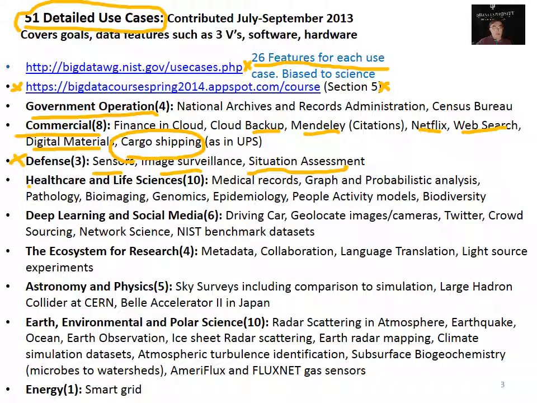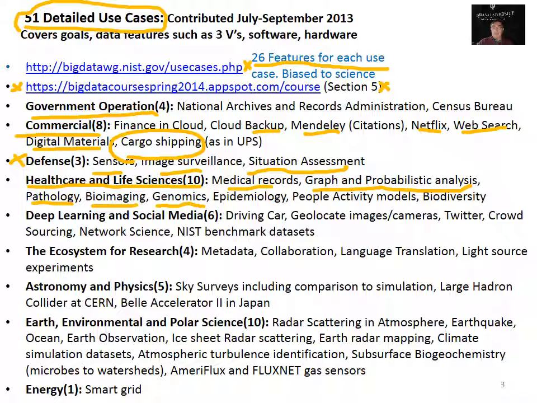We had a good, healthy set of healthcare and life sciences use cases: medical records, various analysis methods around probabilistic methods, databases and graphs, and the area of pathology where imaging is very important. Bioimaging is also imagery, but of a different type, where you have light sources bombarding materials.